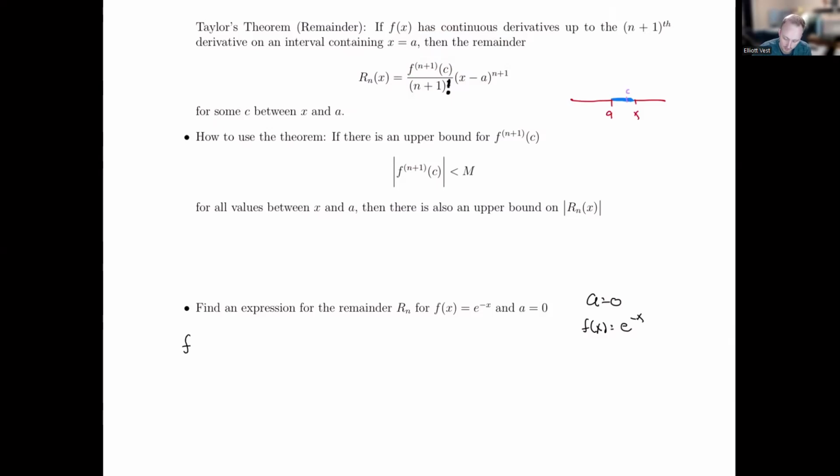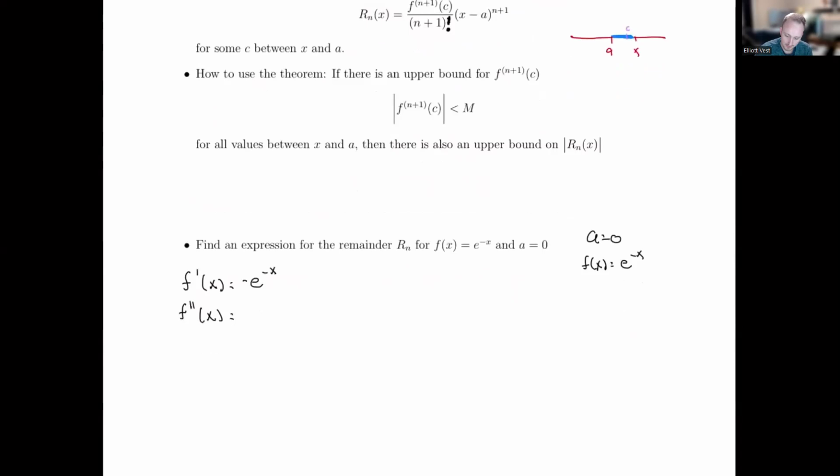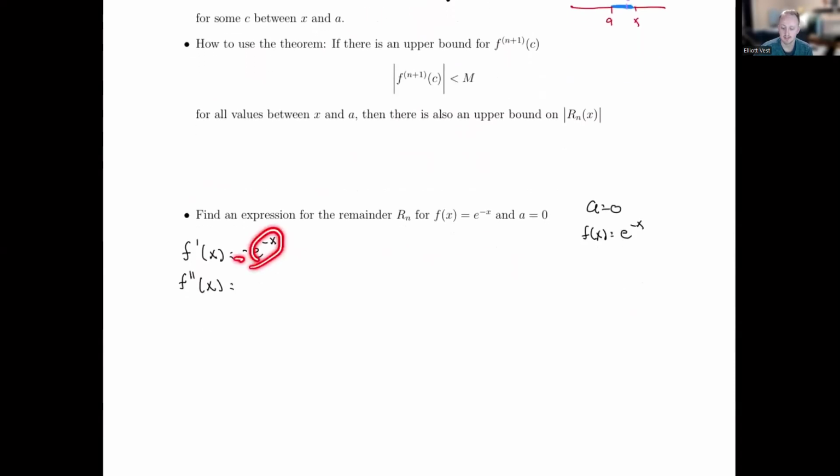So what are the derivatives here? If f of x is e to the negative x, this derivative will be negative e to the negative x. The next derivative, again pulling out a negative due to the chain rule, is going to be a positive e to the negative x. Third derivative, I know this derivative is easy, negative e to the negative x.